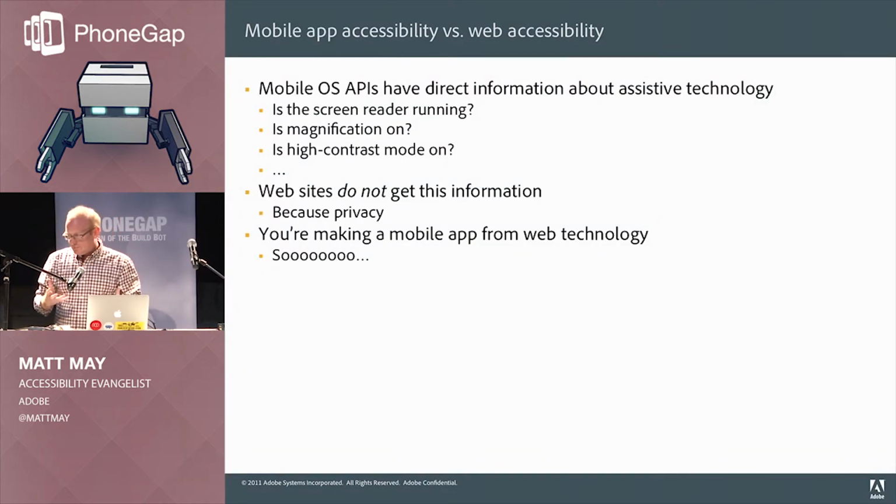except for one thing. One of the things that we don't get to have on the web is access to whether or not you're using assistive technology, whether you have a screen reader enabled, whether you have a magnifier turned on, whether you're using high contrast mode, which would be useful to us because then we could change the CSS or we could reorder the text or any of those kinds of things.